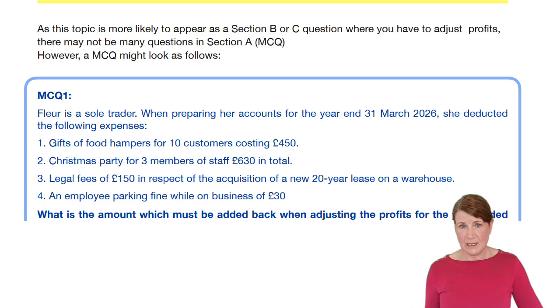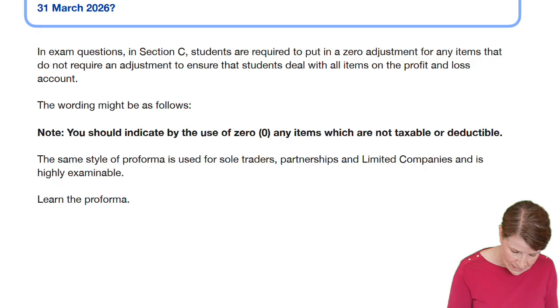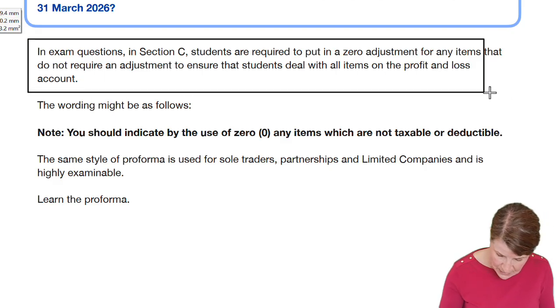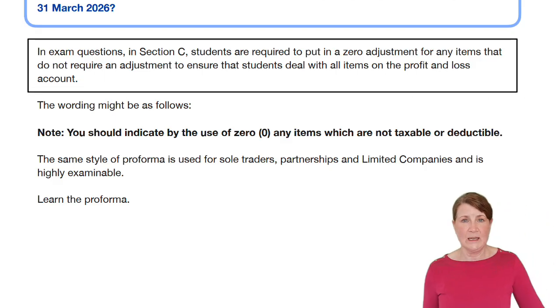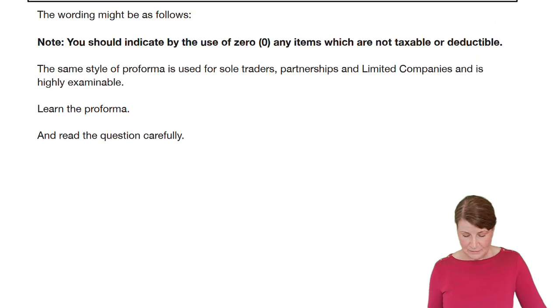But it is very examinable. So you need to be pretty comfortable with what you're doing. And in exam questions in section C, you are going to be required to put a 0 in there to show that there's no adjustment. Highly examinable. So make sure that you're comfortable with that chapter in arriving at your tax adjusted trading profits, either under the accruals basis or under the cash basis.